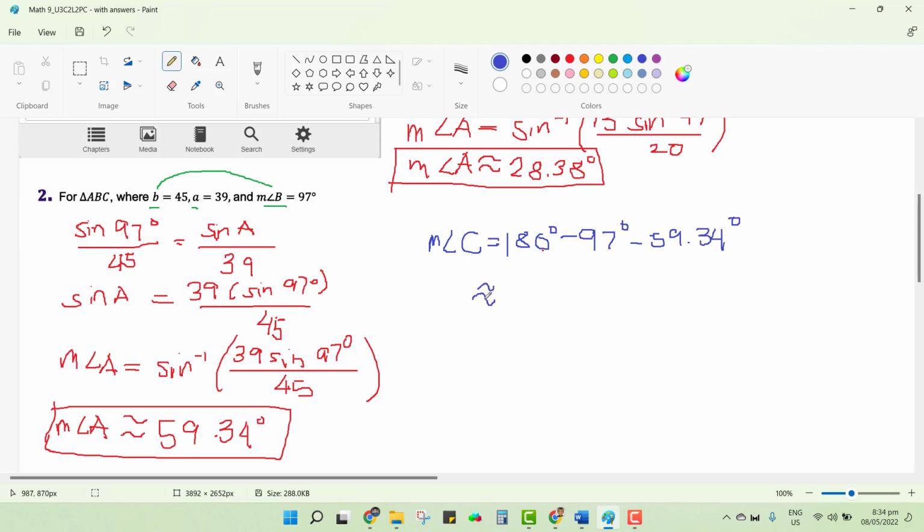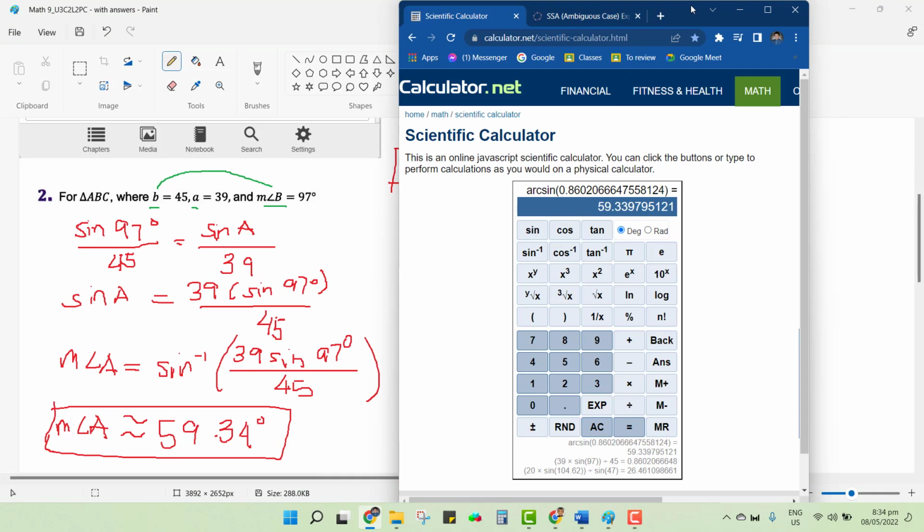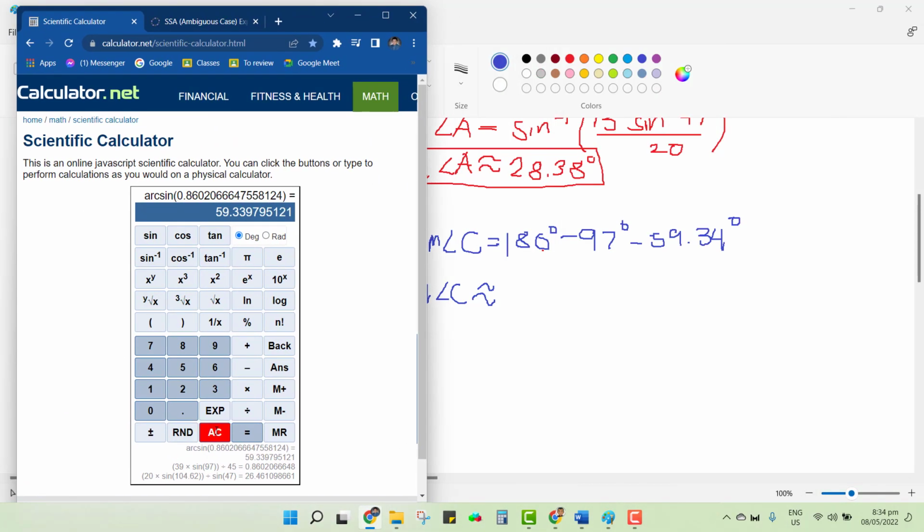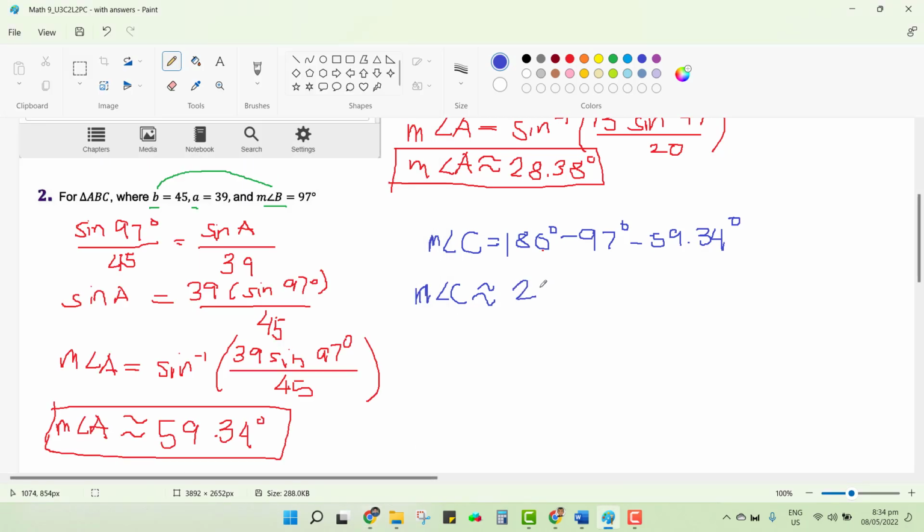Calculator to the rescue: click AC, 180 degrees less 97 less 59.34 equals 23.66 degrees, and that's just an approximation again, 23.66 degrees, right?